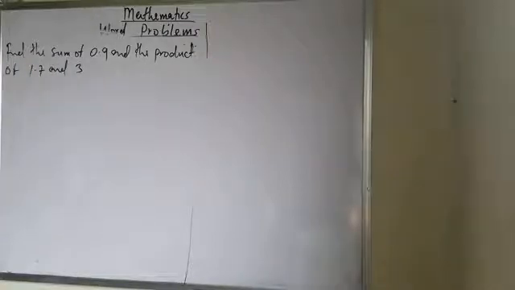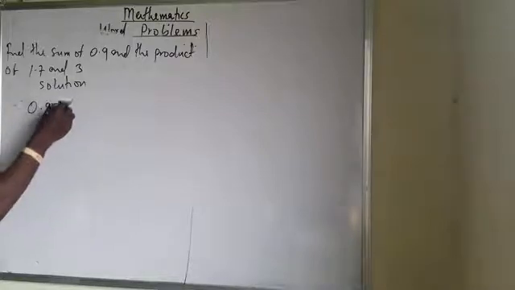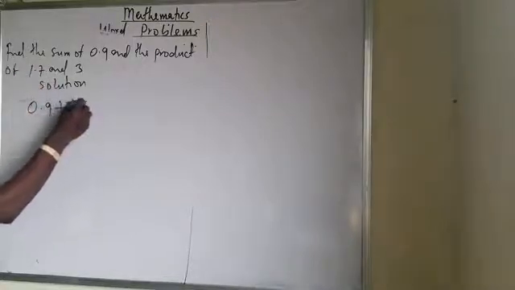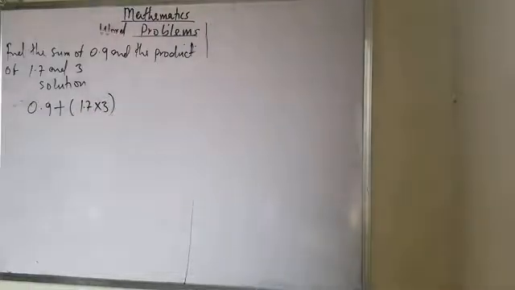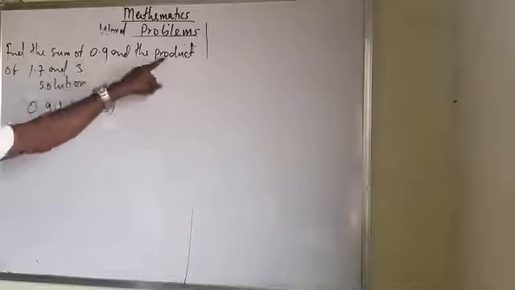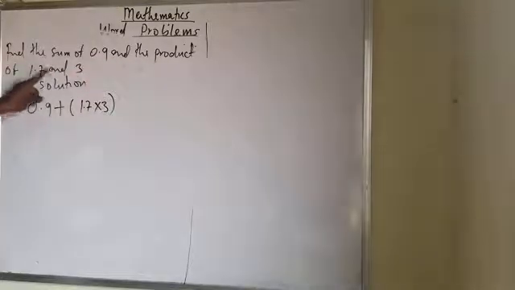Solution to this problem: it means 0.9 plus bracket of 1.7 multiplied by 3. Please take note, that is very, very important, because we are finding the sum of 0.9 and the product of 1.7 and 3.